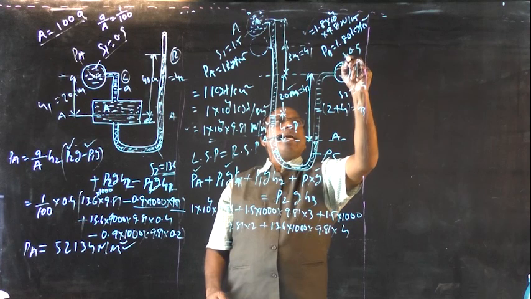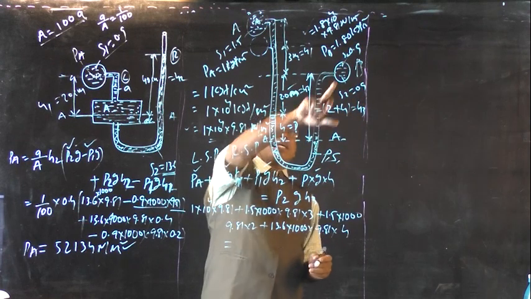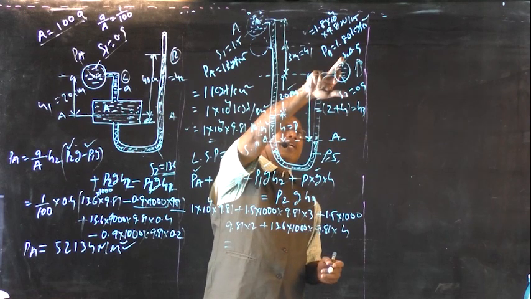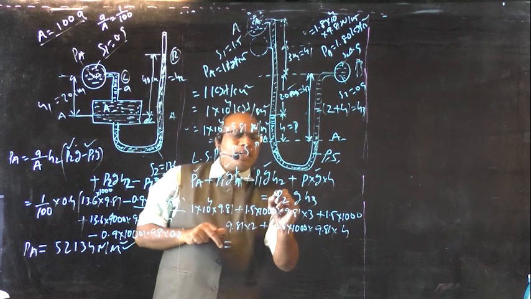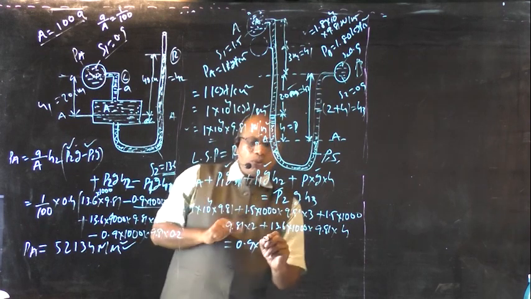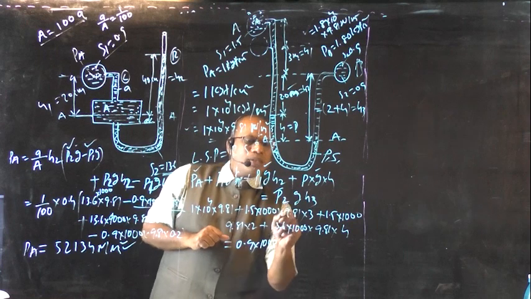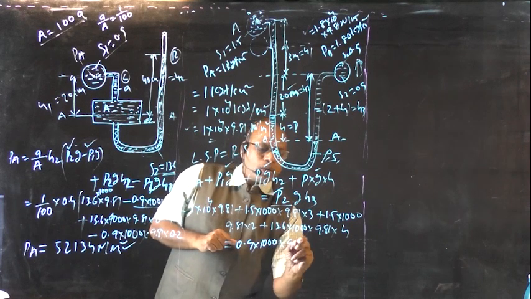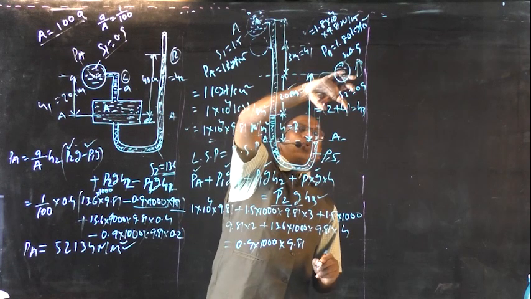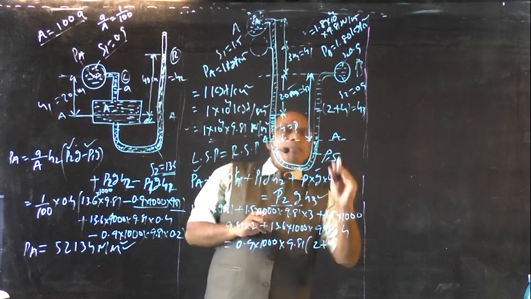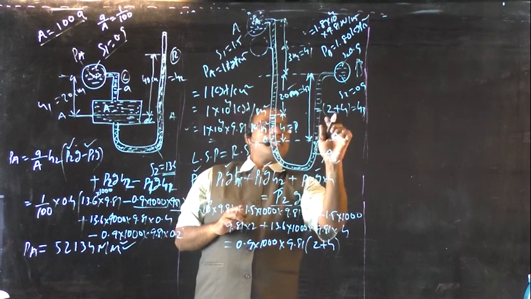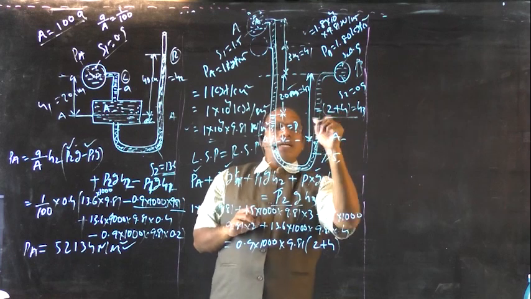This is 0.9. Therefore density of the flowing liquid in the pipe B is equal to specific gravity of the flowing liquid into density of the standard liquid. Therefore rho 2 is nothing but 0.9 into density of the standard liquid into 9.81 G value. H3 is nothing but 2 plus H, because this is 2 meters, this is H meters. 2 plus H is the depth of column in the right limb.